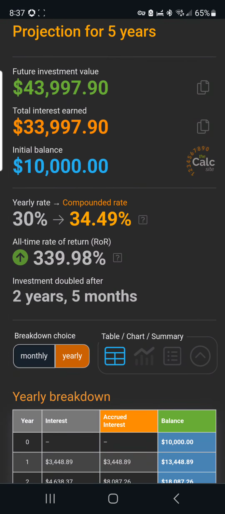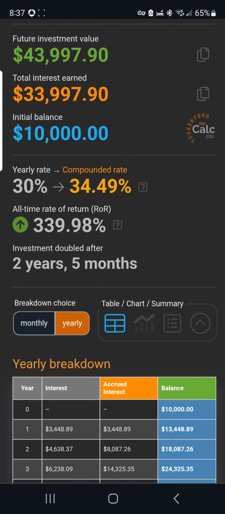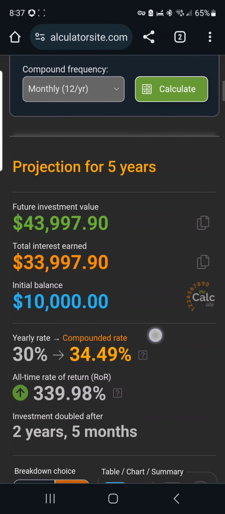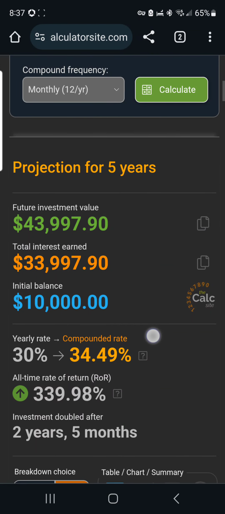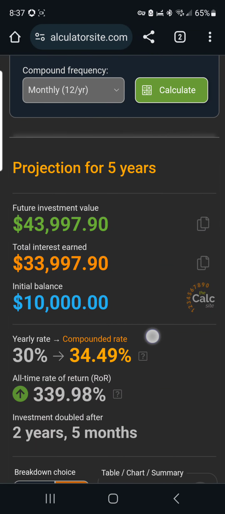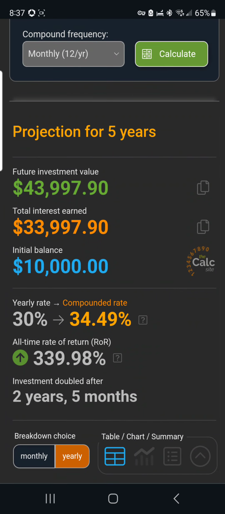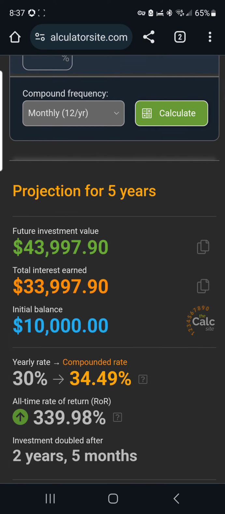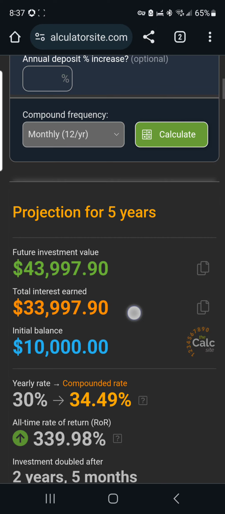And I like how they break down how fast it takes for your investment to double. It says it'll double in 2 years and 5 months. So look carefully at these numbers, because when you compound it weekly, it does increase it, but ever so slightly. We're talking about the compounded rate of 34.49%, and interest of just under 34K.